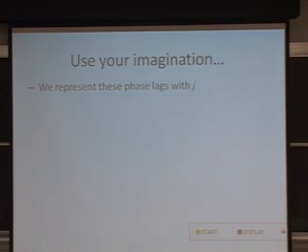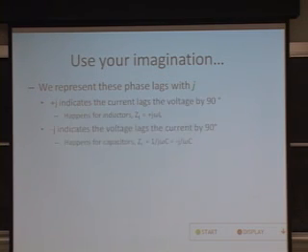We can represent the difference with J and with a phase. As a summary, for inductors, a positive J sign results. And that means the current lags the voltage by 90 degrees, or by pi over 2 radians. And the opposite happens for capacitors.